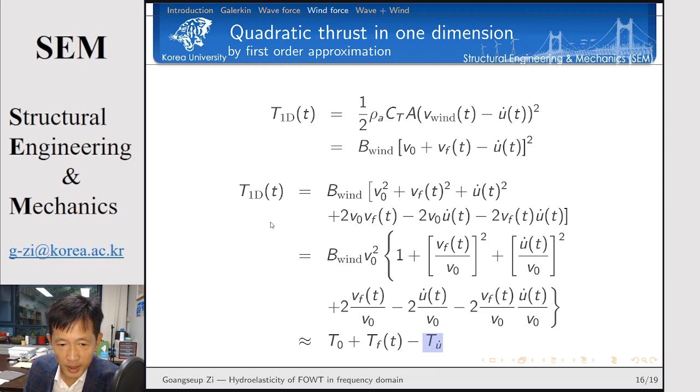So we can approximate in one dimension a thrust force consisting of three different terms. The thrust force caused by the mean wind velocity. The second term is the thrust force caused by the fluctuation of wind velocity over the mean velocity. And the third term is the thrusting force caused by the velocity of the structure over the mean velocity.